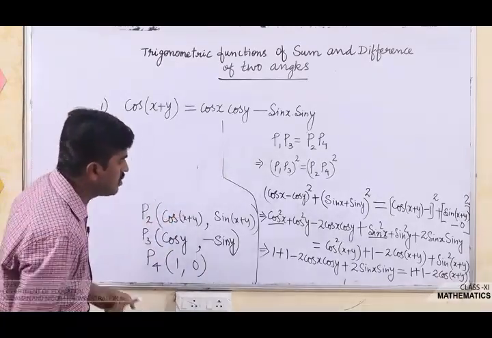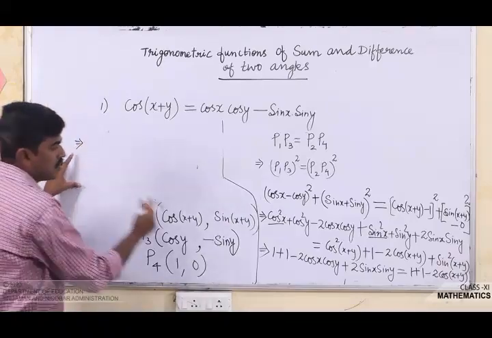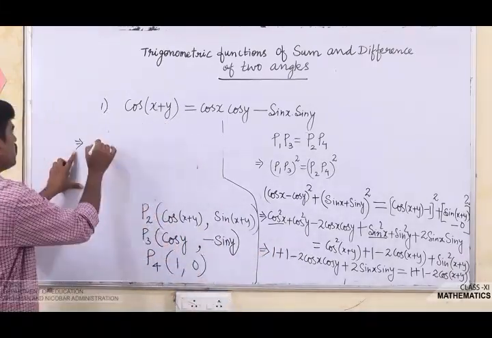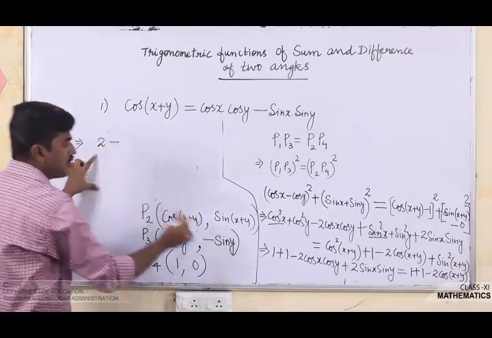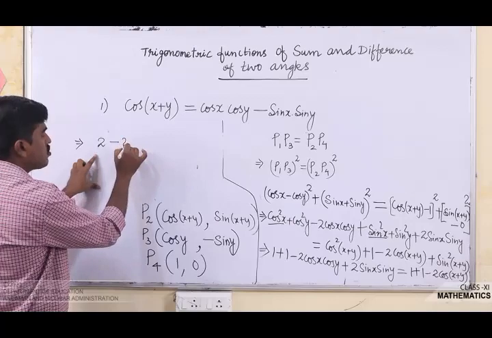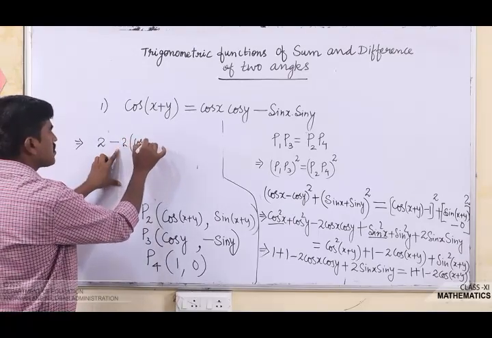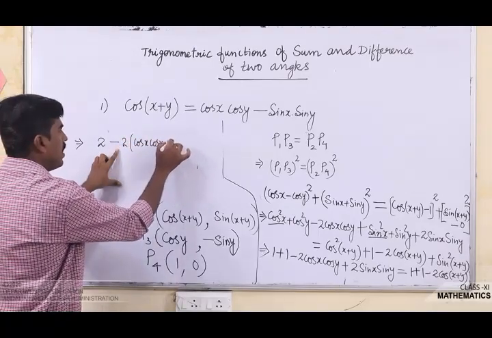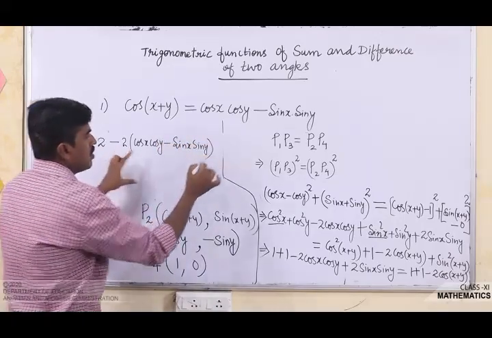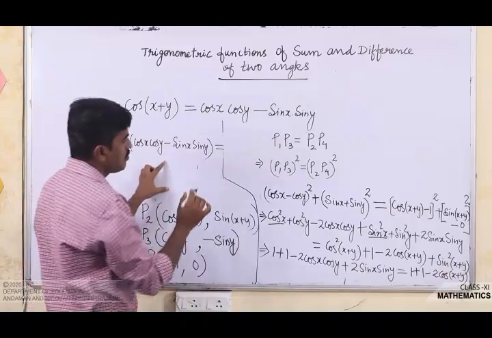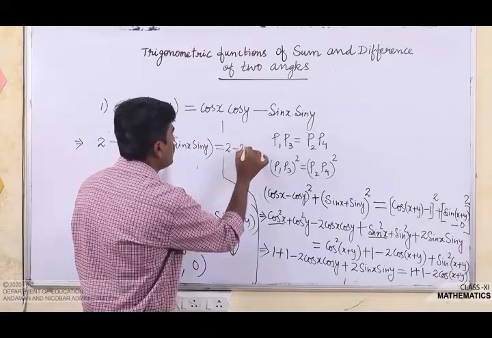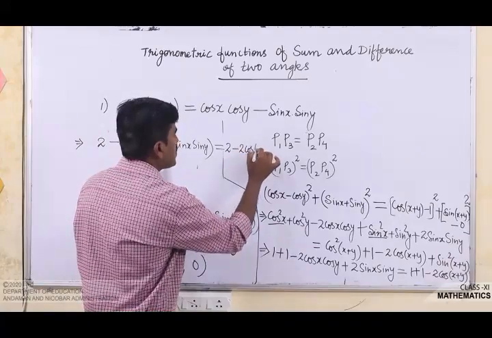Now we can write it as, just take 2 common from here, so minus 2 is common there. So cos x cos y minus sin x sin y is equal to 2 minus 2 cos of x plus y.